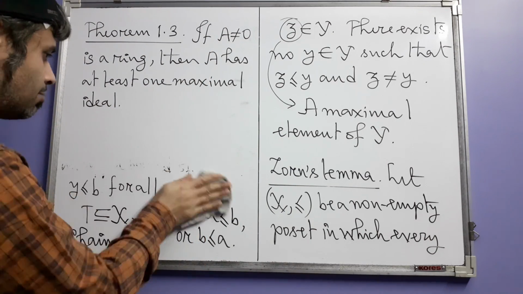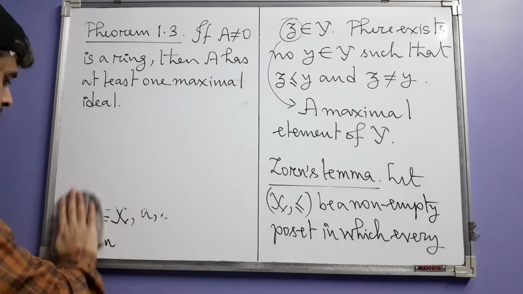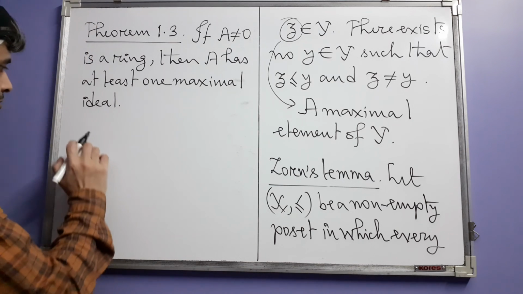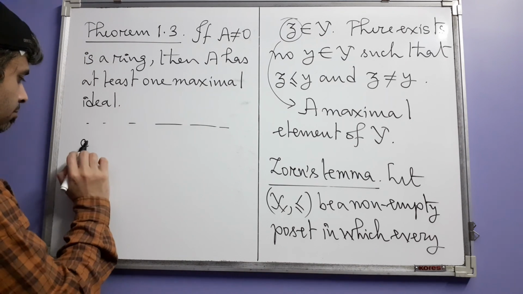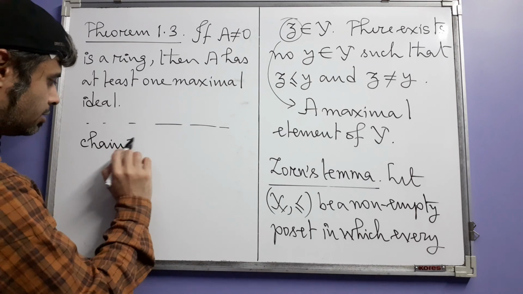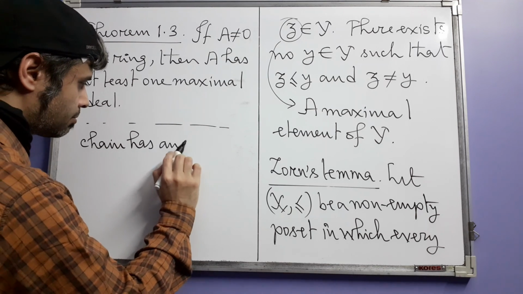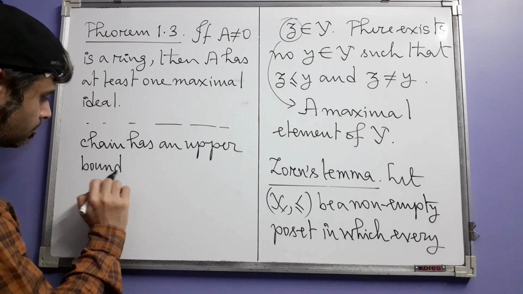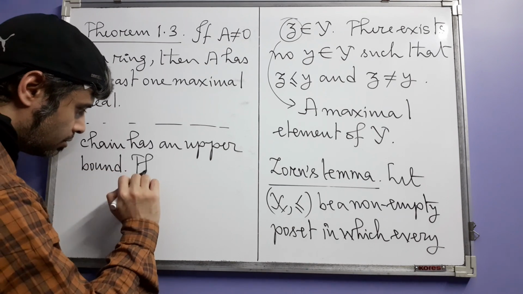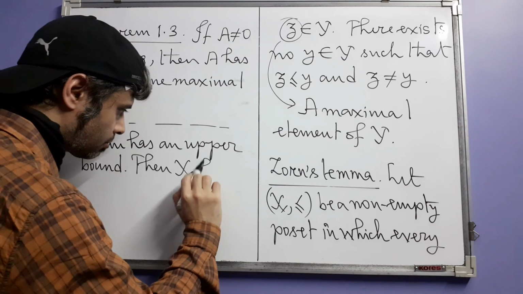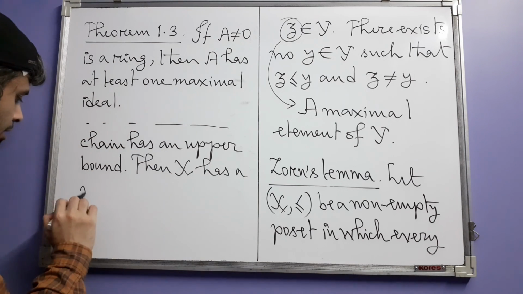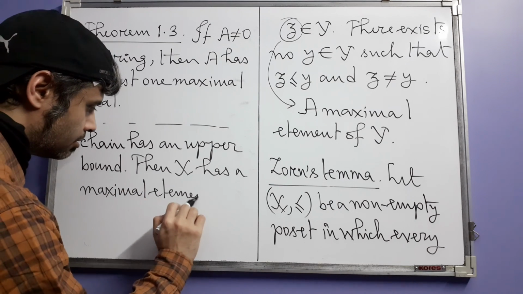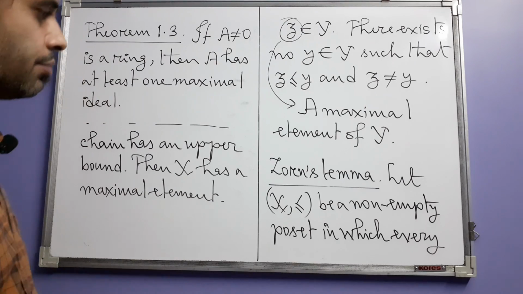That's not the case, but say it is the case here, in which every chain has an upper bound, then X has a maximal element. That is Zorn's lemma.